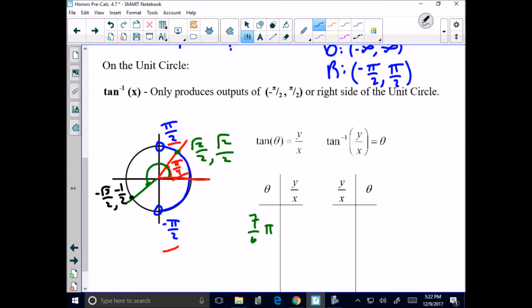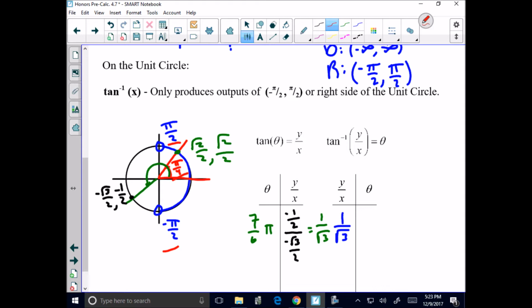So right here, we would have tan as negative 1/2 to negative square root of 3 over 2. But that reduces down to 1 over square root of 3. Inverse tan would evaluate 1 over the square root of 3. And we would see that as 1/2 over square root of 3 over 2.